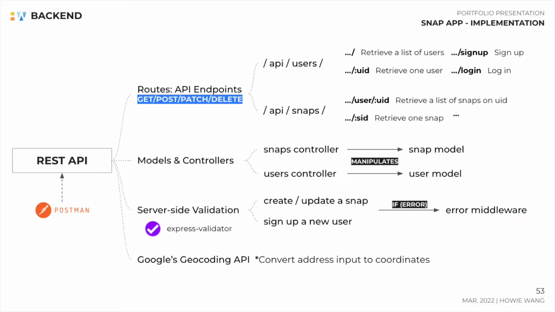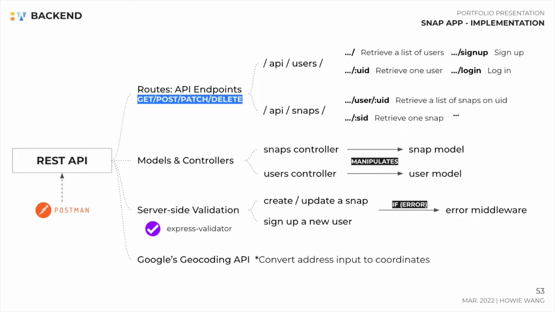Here we don't need V, so it's just the models and controllers to implement different functions in those two controllers to manipulate the Snap model and eventually control the front end. So for the server-side validation, I use Express Validator as a third-party package. And it's pretty standard.